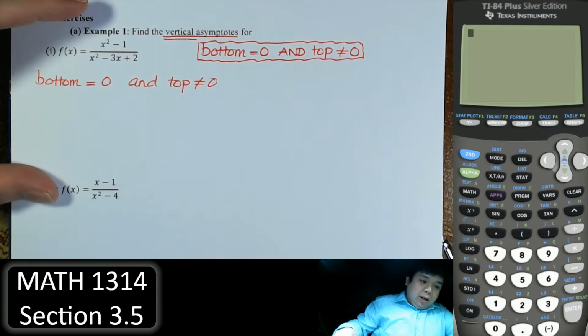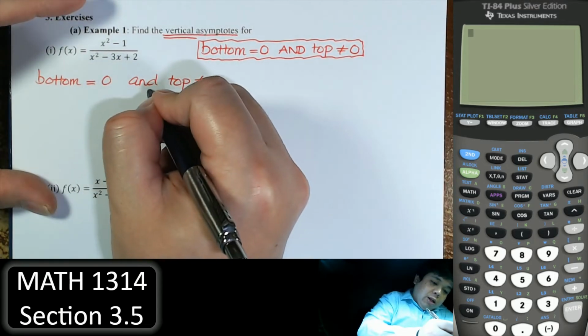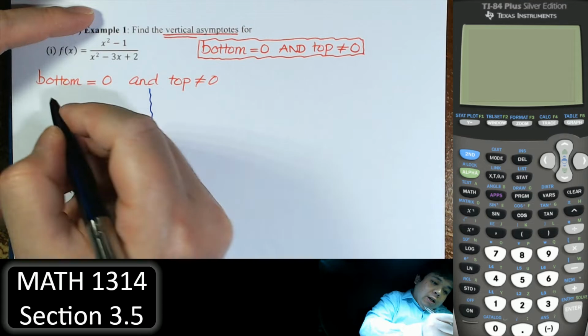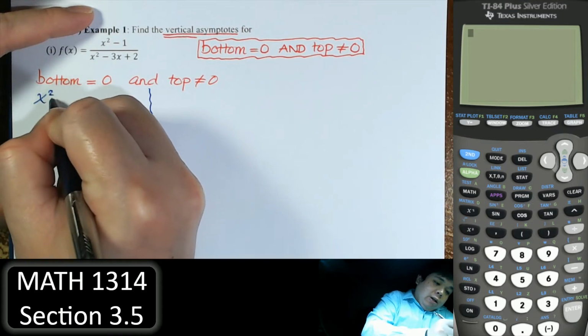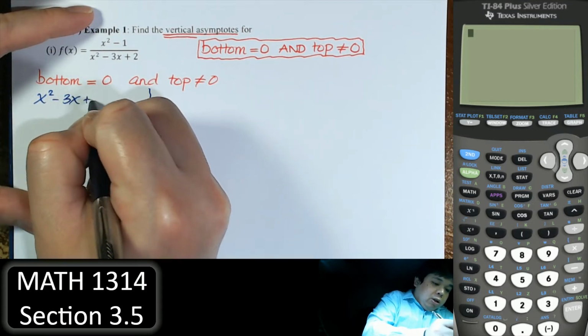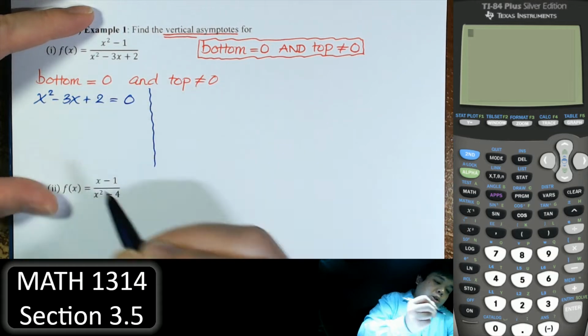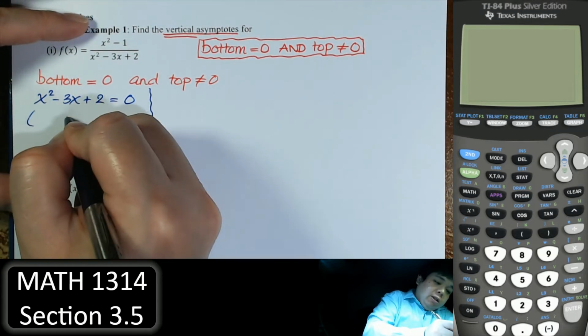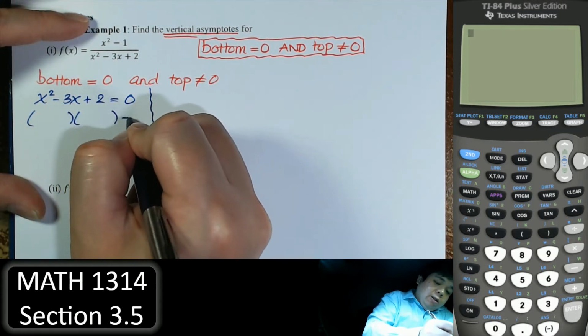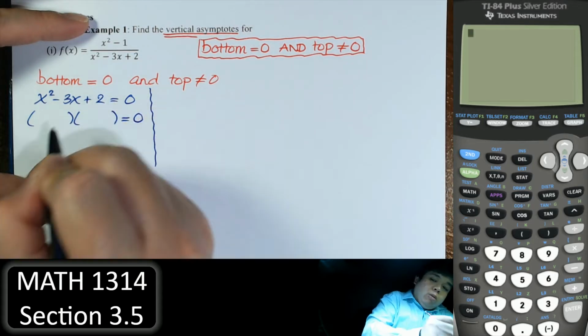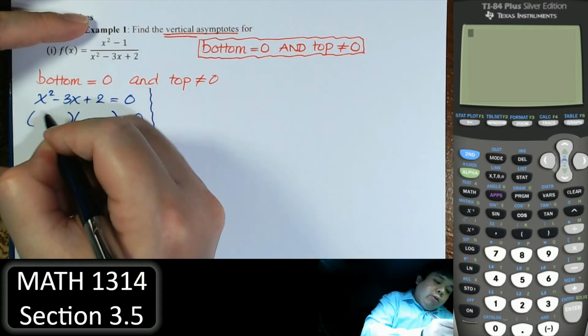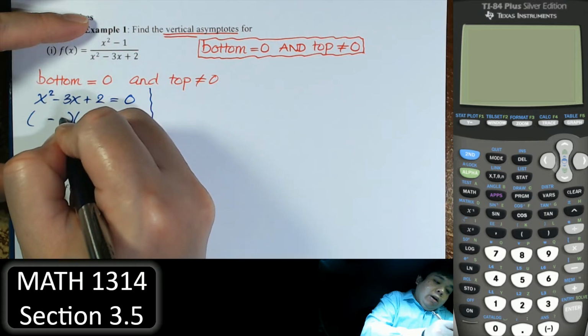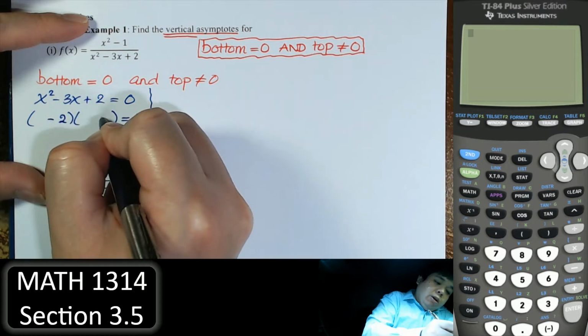Right, so for the bottom equal to 0, we have x squared minus 3x plus 2 equal to 0. So we will factor, right, multiply to 2 and add to negative 3, so it has to be minus 2 and minus 1.